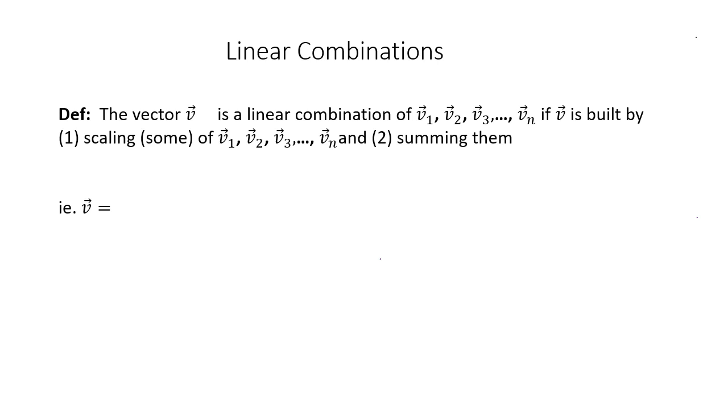So in other words, v can be written as a scalar times the first vector plus a scalar times the second vector, all the way up to the last vector, where these scalars are just real numbers.